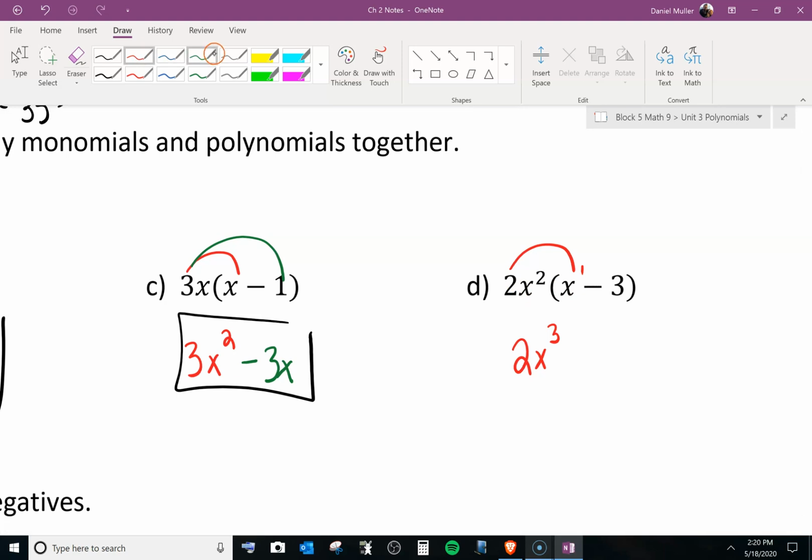And there's the 2. And then I got this. So the 2 times the negative 3 is the negative 6, and we can't forget about the x squared. So 2x squared times 3 is going to be 6x squared. And then the red one here, 2x squared times x is going to be a 2x cubed.